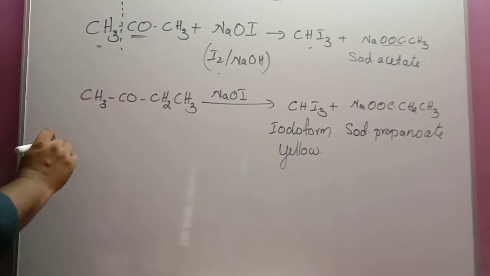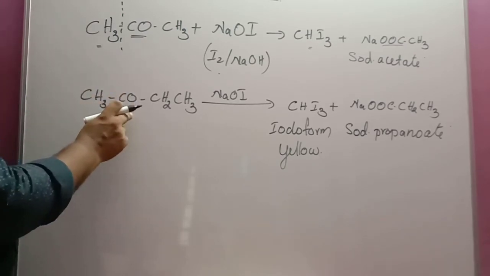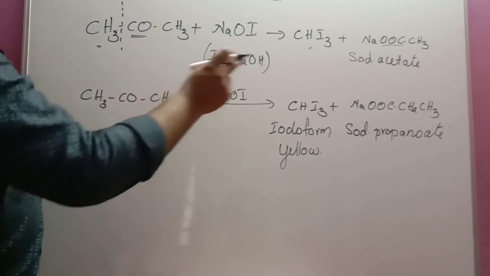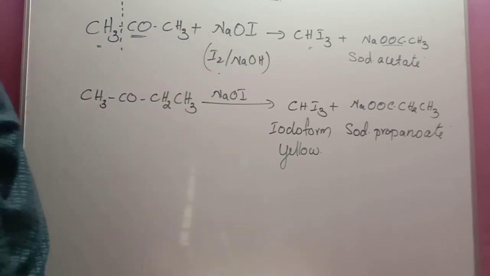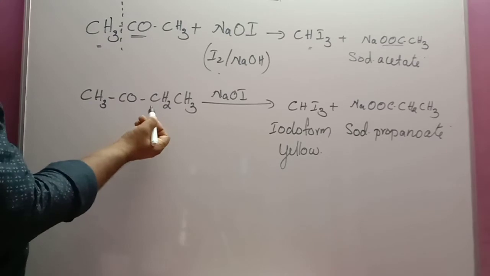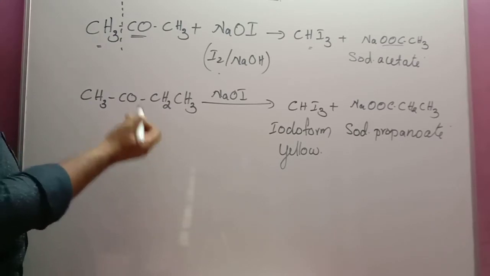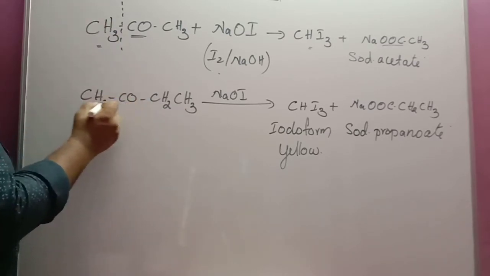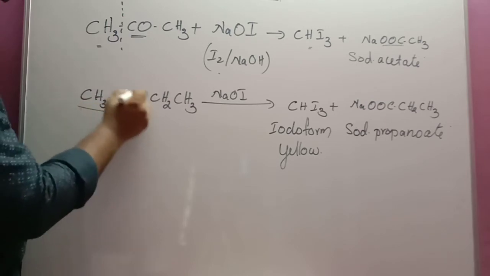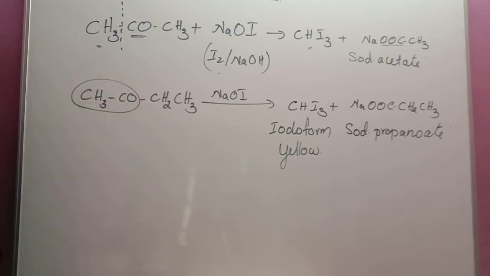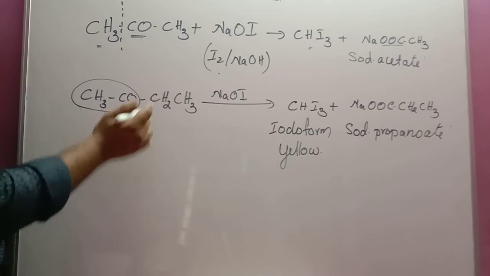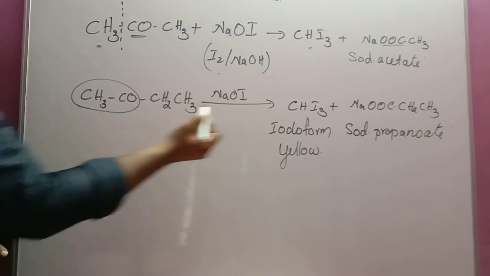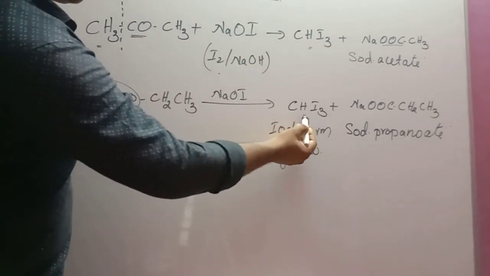Now this is 2-butanone. It's a previous year question. How can you convert 2-butanone to propanoic acid? That's the question. So if you do the iodoform test, see, you have a CH3 here, so you have that CH3CO group, which will answer the iodoform test. And when you do the iodoform test, this CH3 is going to become CHI3.